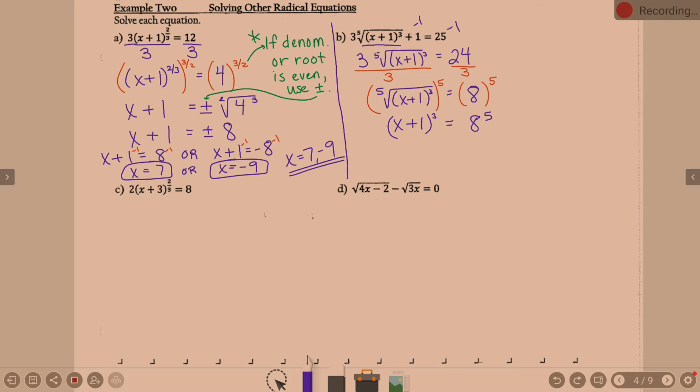It's some big number. 32,768. Okay. What was that number? 32,768. Okay. According to Justin, it's 32,768. You can write that number, yes? You got a calculator, use it, that's fine. Now, I have x plus 1 raised to the power of 3. How do I get rid of a power of 3?